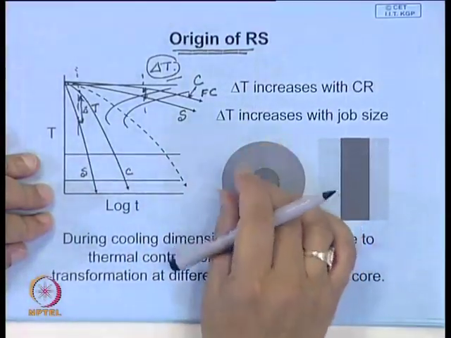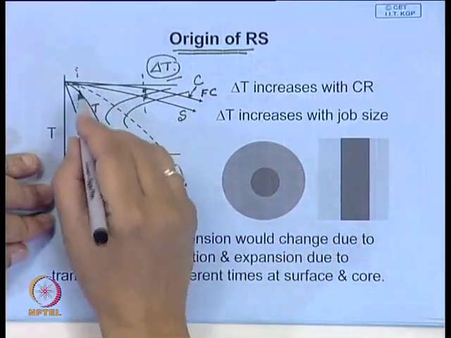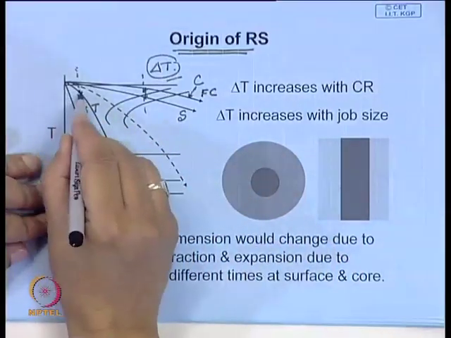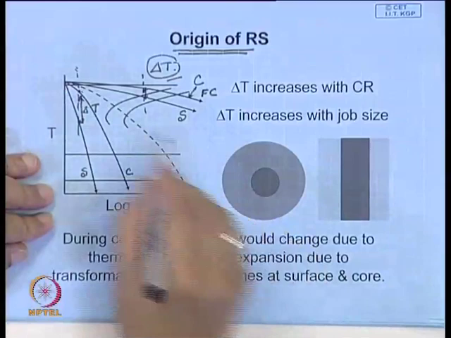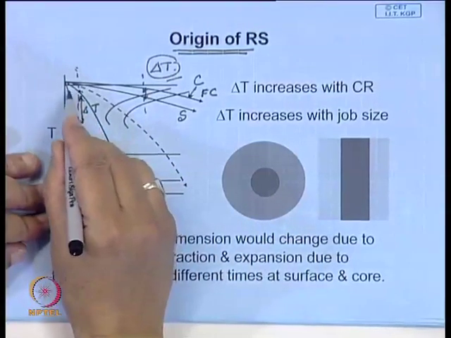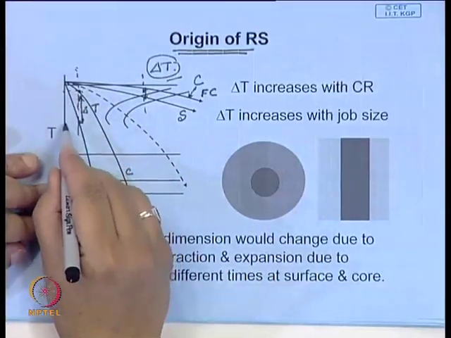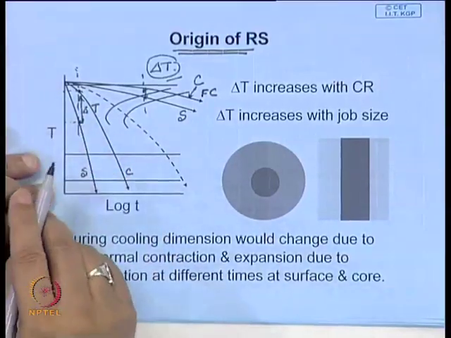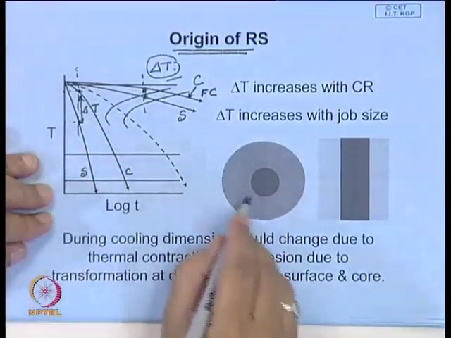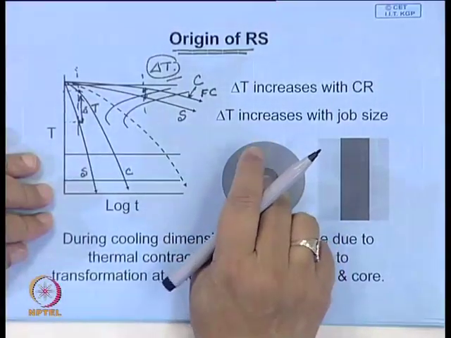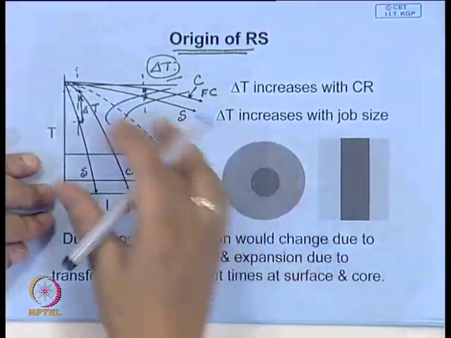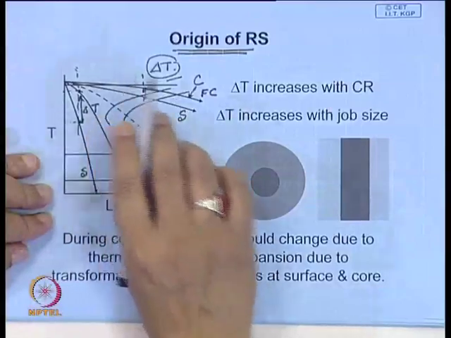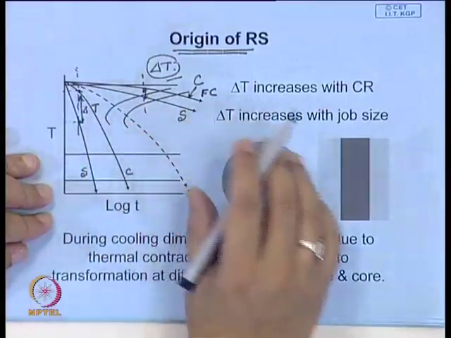The core can elongate also in this direction. So, this will lead to distortion, and mind you, at a higher temperature the strength of the material is also low. So, here this material will deform at lower stress, whereas to deform the cooler material you will need higher stress. Therefore, the outside is stronger and the core is softer. So, when you are cooling, this kind of transformation takes place.